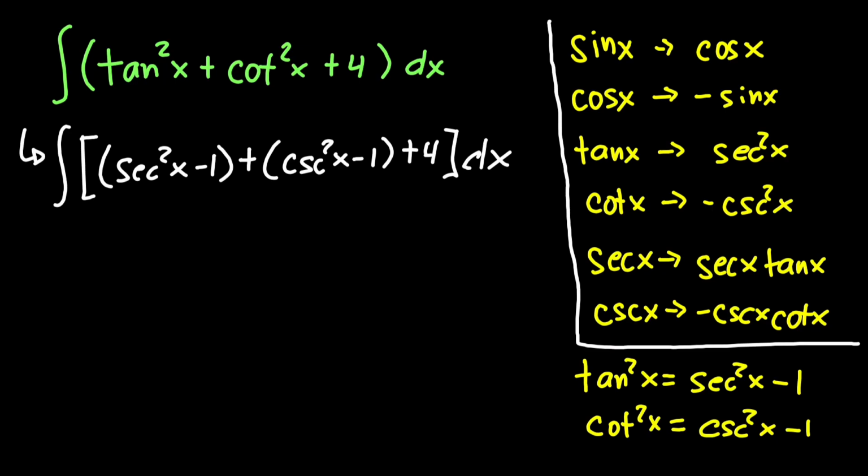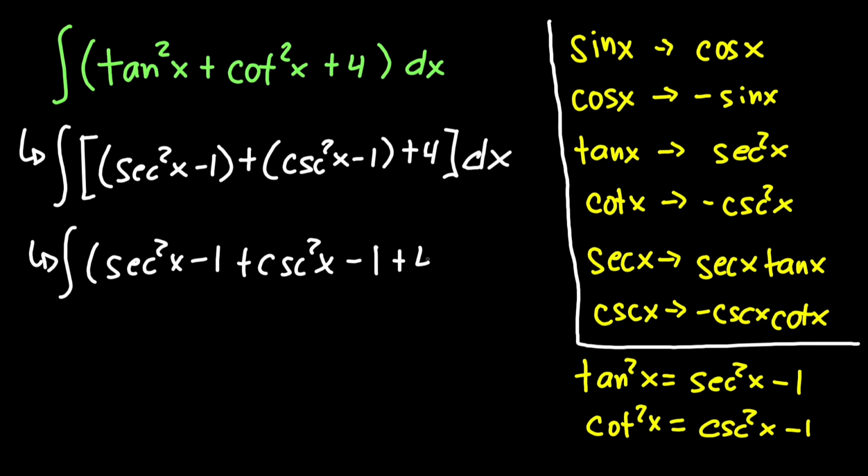dx. So simplify this. This would be secant squared of x minus 1 plus cosecant squared of x minus 1 plus 4 dx. 4 minus 1 minus 1 would be equal to 2.